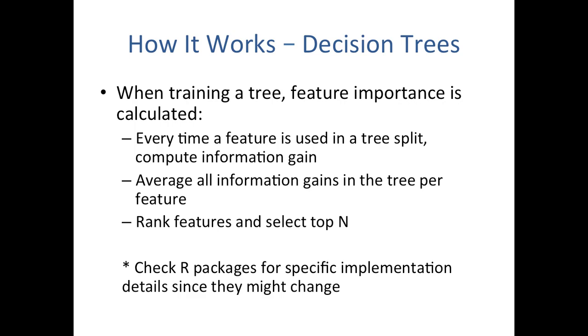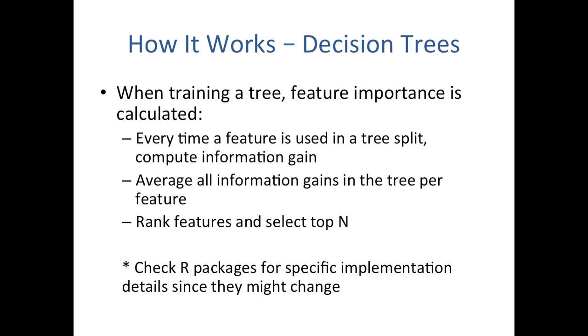If we are talking about embedded methods for decision trees, for each feature, as we keep on building the trees, we can understand what's the information gain for all those features. And we can compute an average information gain for the tree, or across the set of trees, for each of the features. That would allow us to rank the features.